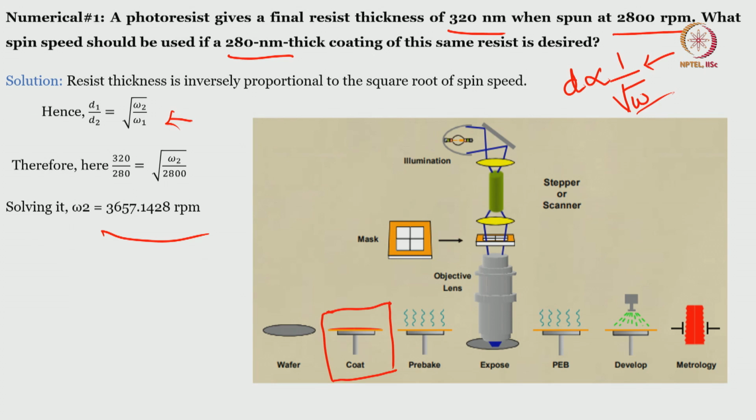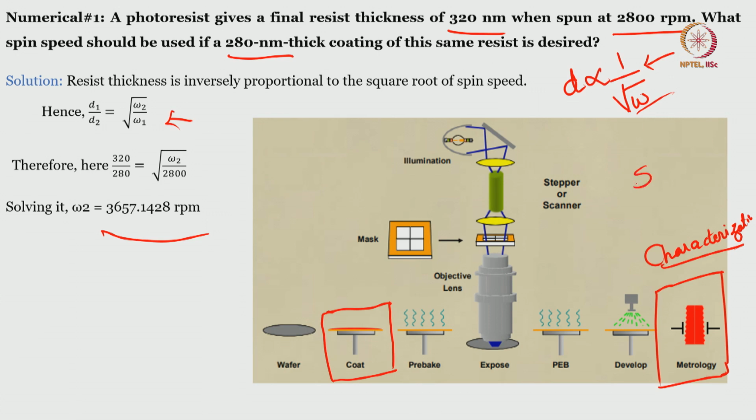Once everything is done, you can check your finally desired generated device using metrology. Metrology is nothing but also known as characterization. Okay, very important. There are several processes for characterization.